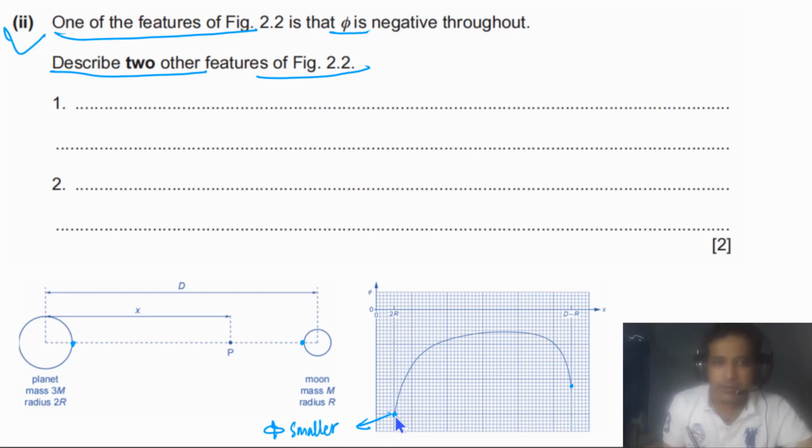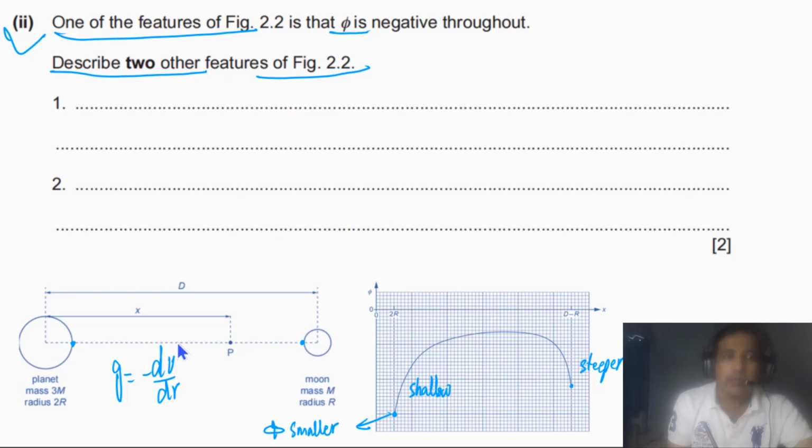If you look at the gradient at this point, and we look at the gradient at this point, this gradient is shallower. So the gradient at the surface of planet is shallow, and this one is steeper. And we have already discussed that G is equal to negative dV by dr. So if gradient is greater, it simply means that G is higher.